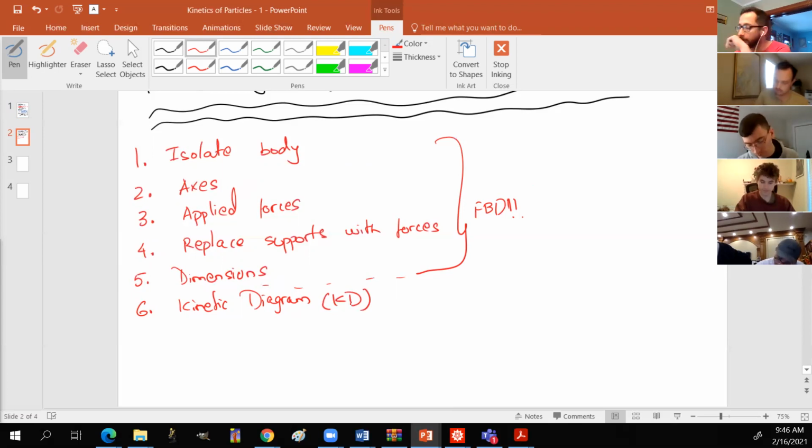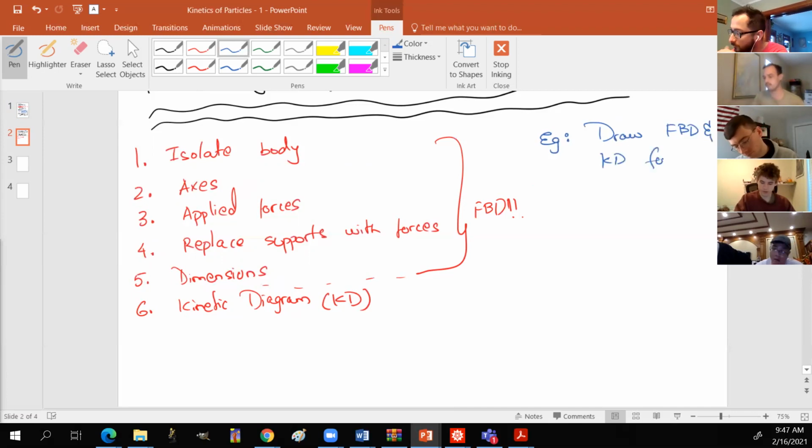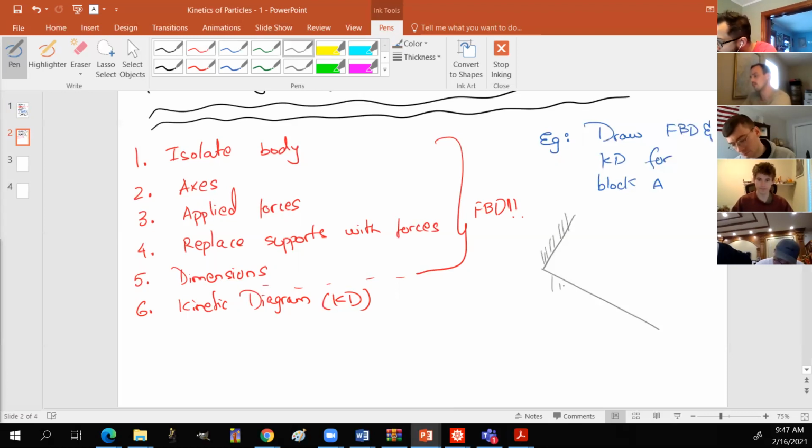All right, so if we take a look at a quick example, draw the free body diagram and kinetic diagram for your block A, which we're just going to look at right now. So you've got a block sliding down.